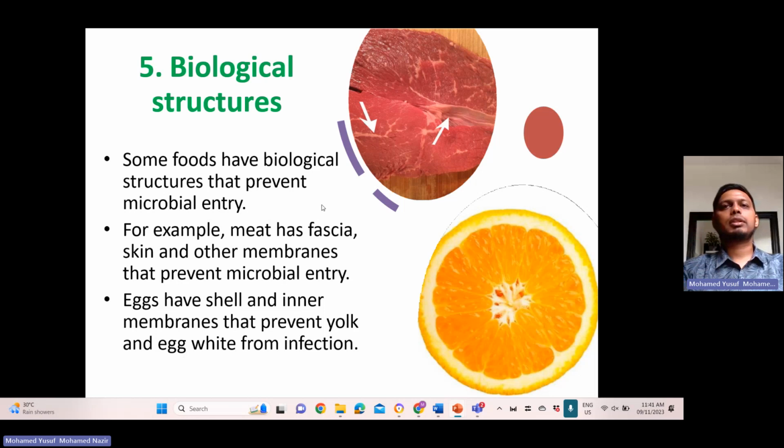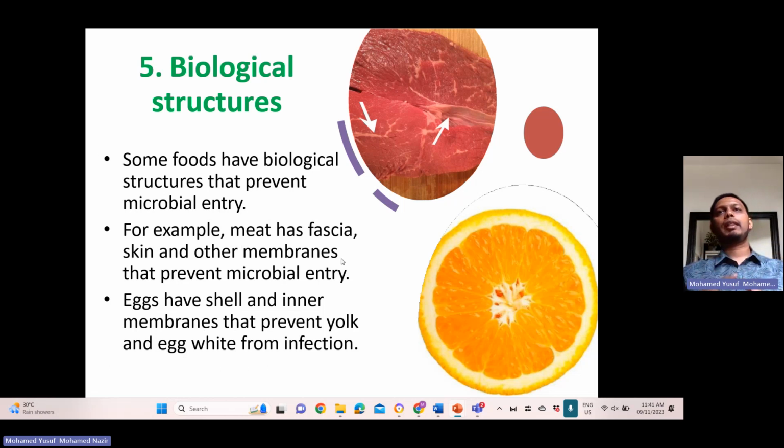This is attributed to the fascia, skin and other membranes that prevent microbial entry.